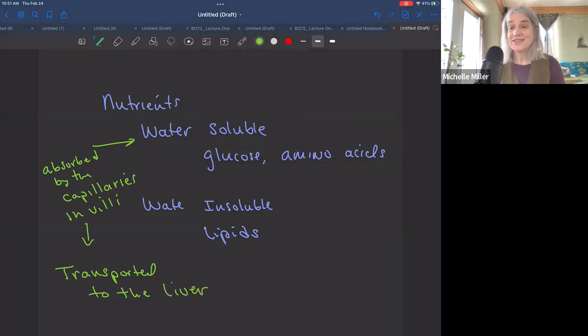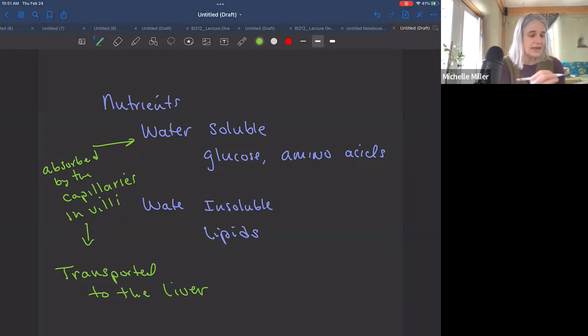Why are they transported to the liver? We have a whole lecture on the liver, but the liver functions to store glucose as glycogen. It can take the amino acids so it can produce its own clotting factors and other proteins that it needs to produce. And any toxins that are absorbed across the surface of the small intestine can go to the liver to be broken down.